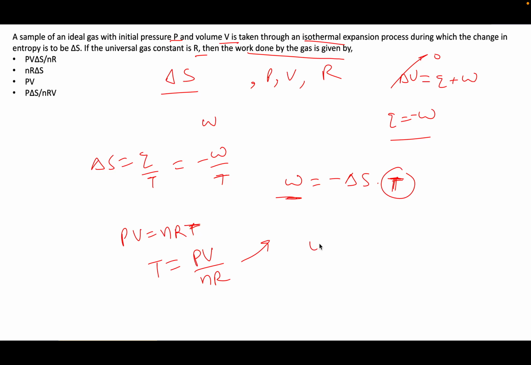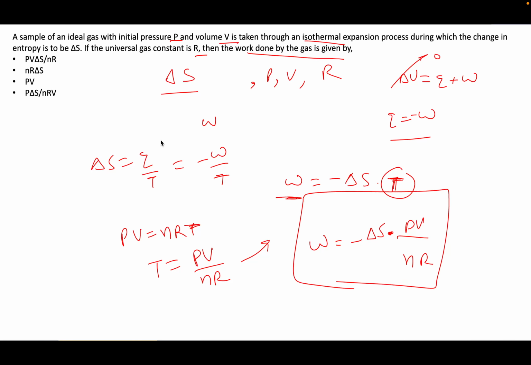If we put it here, W is equal to minus delta S into PV upon nR. So is there any option like this? So this is PV, minus, so okay, this minus is here, but there is no minus in the option. We are making some mistake.